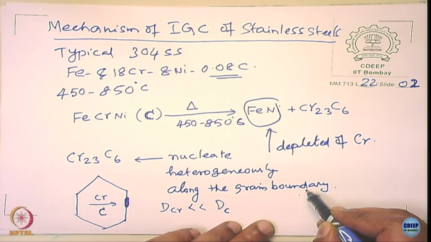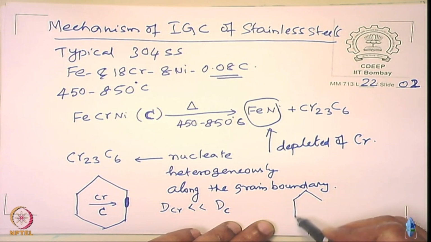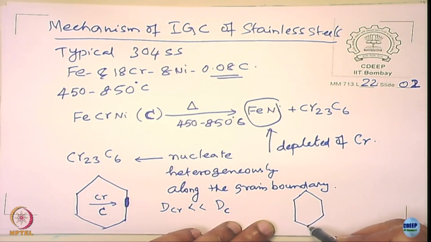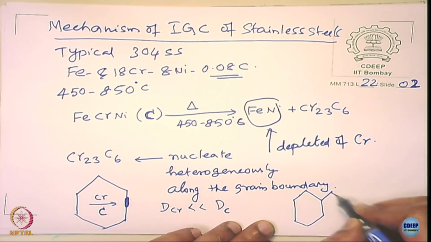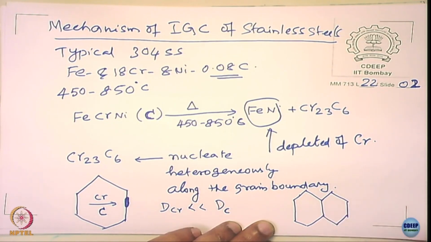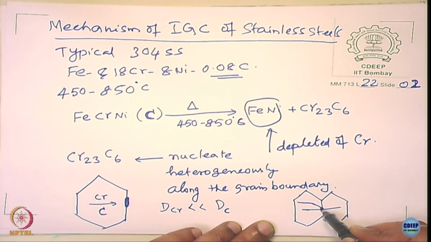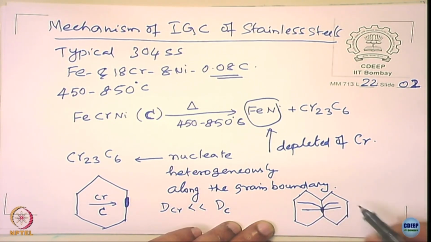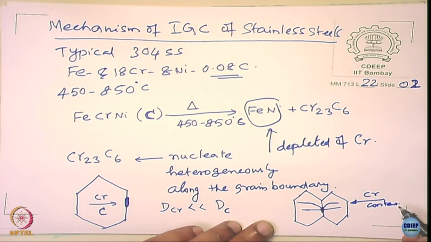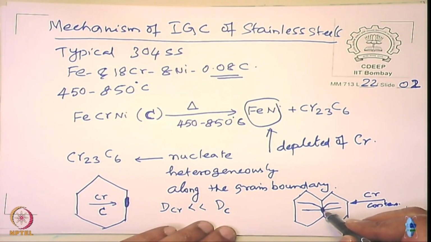If I draw the grain boundary, and then draw the chromium content, this is the carbide here. See, the chromium content will drop significantly here. Of course, it is not a correct way of writing this.